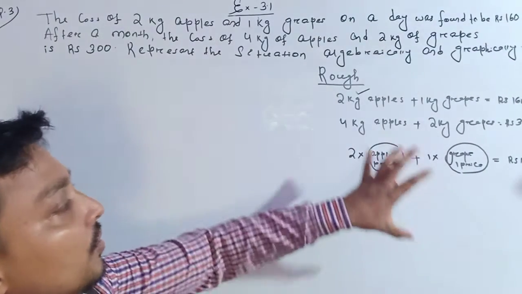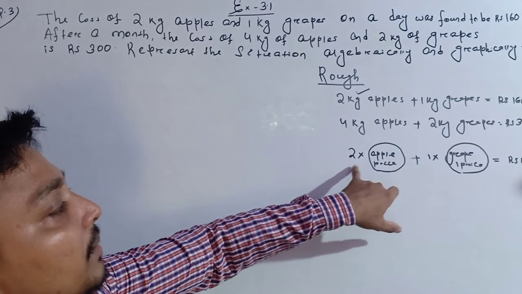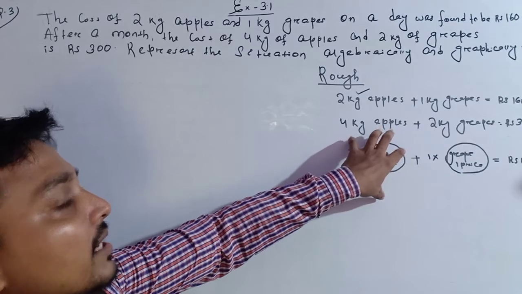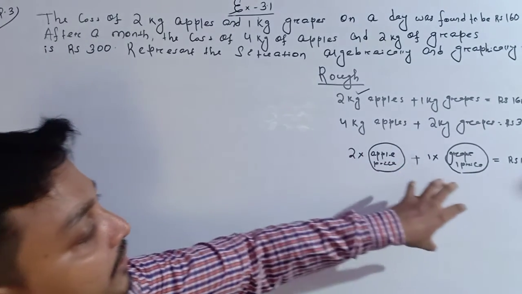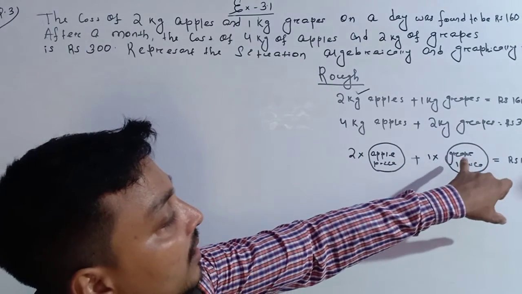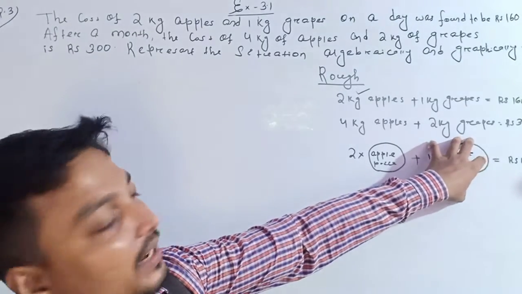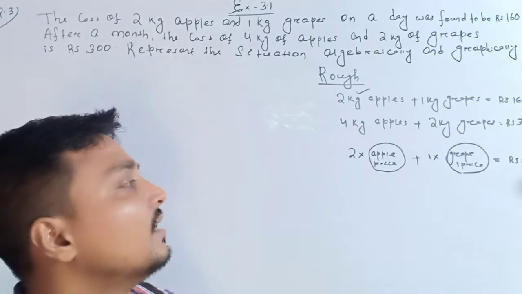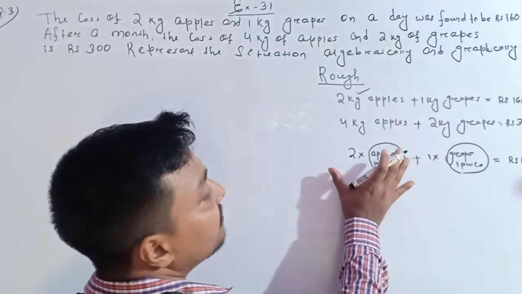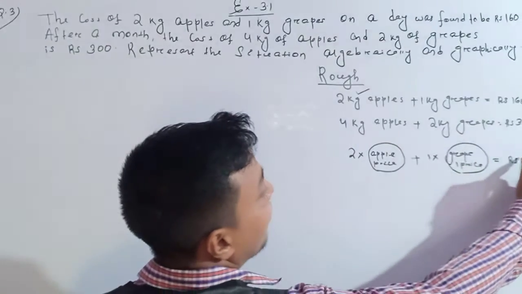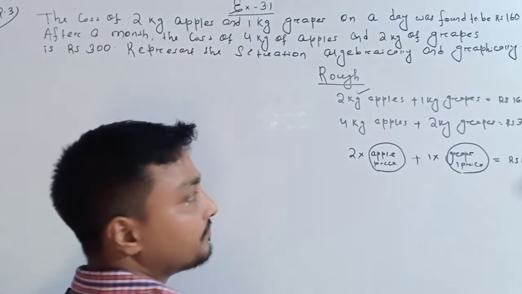It means the total cost is 2 multiplied by the price of 1 kg of apple, which is the cost of 2 kg of apples, and 1 multiplied by the cost of 1 kg of grape, which is the price of 1 kg of grape. Whenever we add the price of 2 kg of apples with the 1 kg of grapes, it becomes the total price, 160.